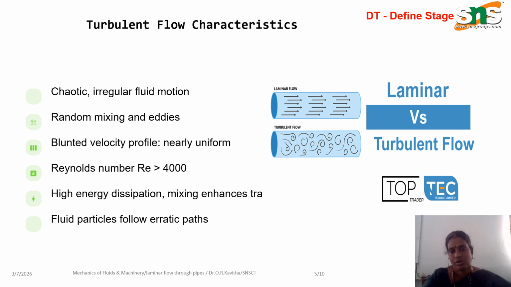There will be random mixing of water, and therefore the velocity profile will not be uniform. Whenever the Reynolds number is more than 4000, we call that turbulent flow. There will be high energy dissipation.